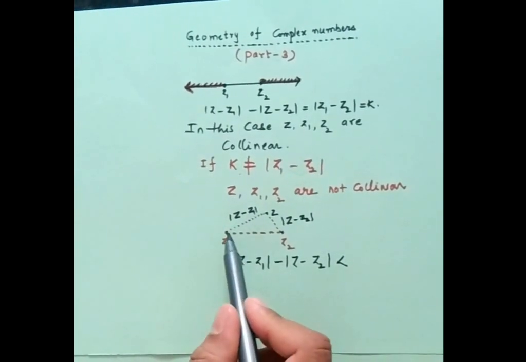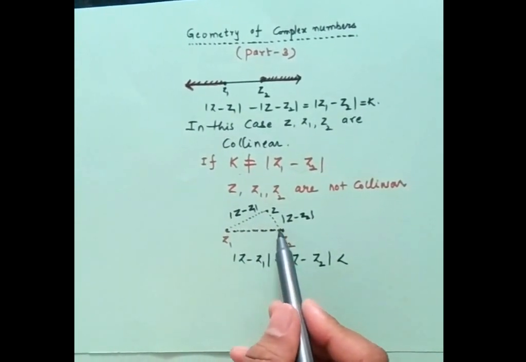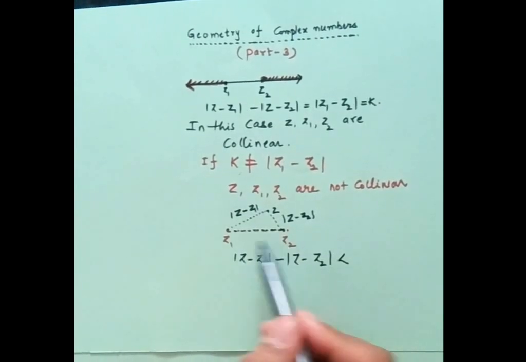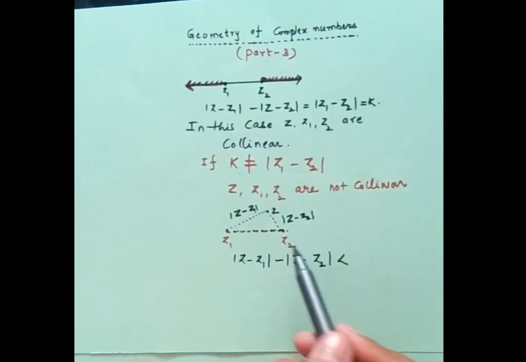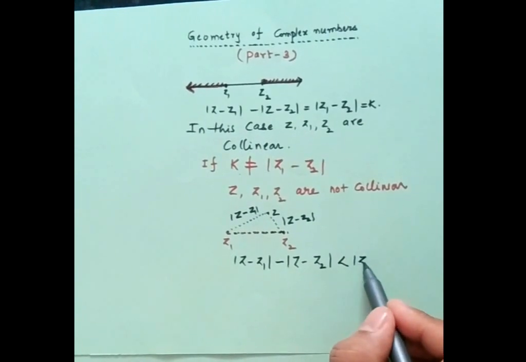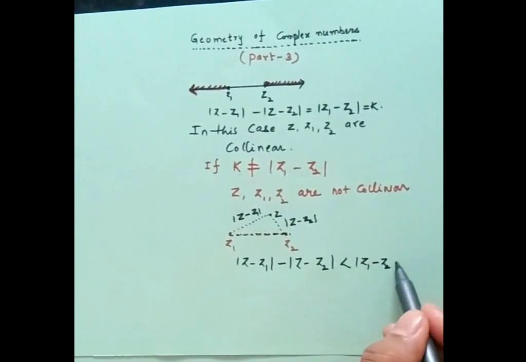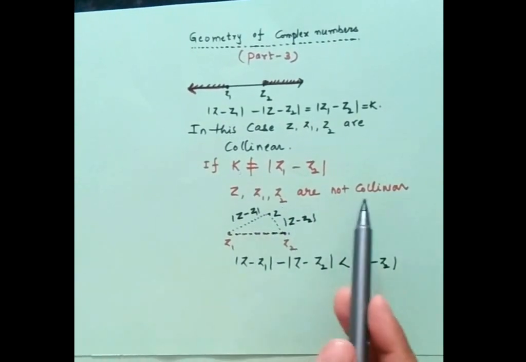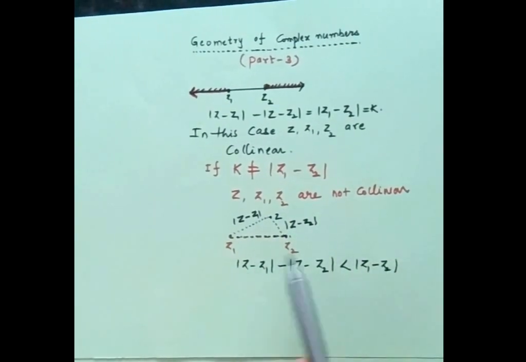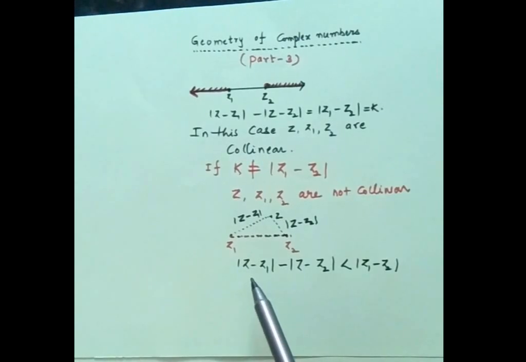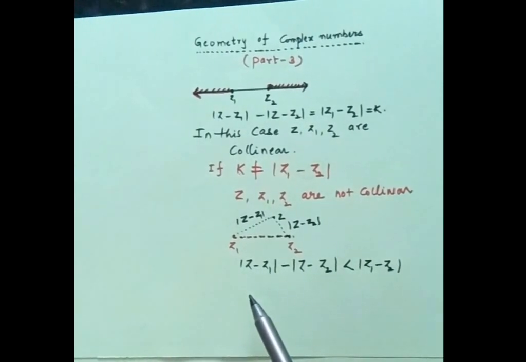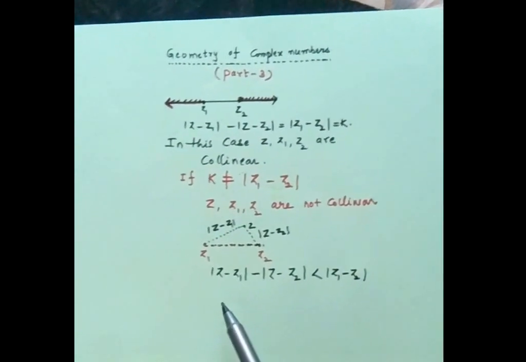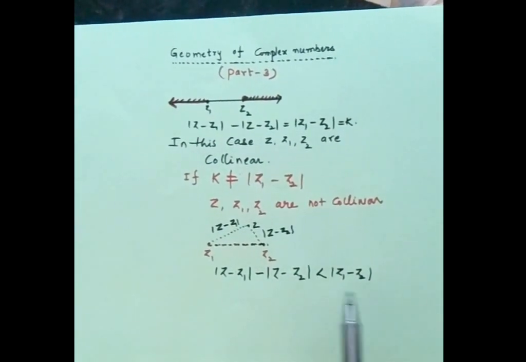The third side is the line joining z1 and z2, so its length is the distance between the points z1 and z2, that is modulus of z1 minus z2. Therefore whenever z, z1, z2 are not collinear, the condition modulus of z minus z1 minus modulus of z minus z2 is less than modulus of z1 minus z2 is satisfied.